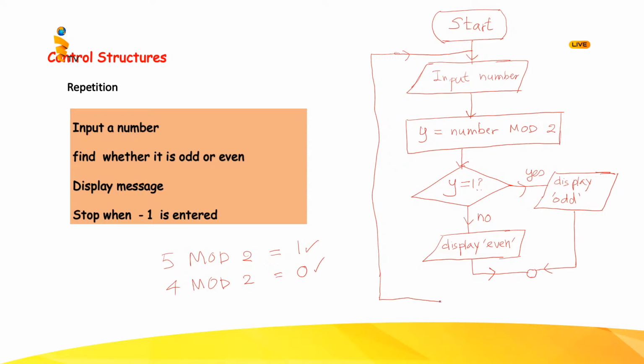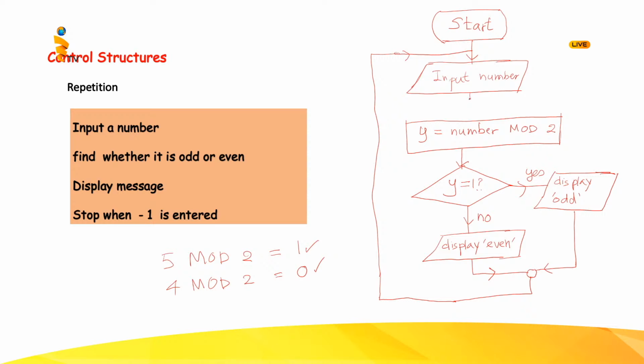But how can I check whether my input number is equal to -1? The most suitable place to indicate that, I think, should be here. When I input a number for the first time, I check whether this number is -1, and it should stop displaying. So I will use this part here.